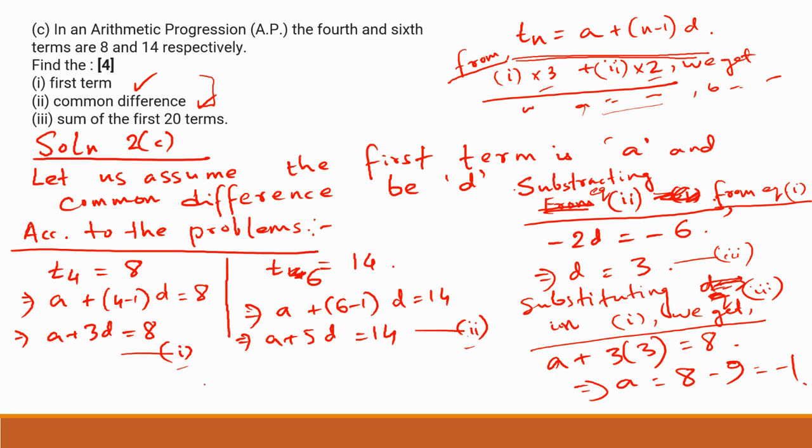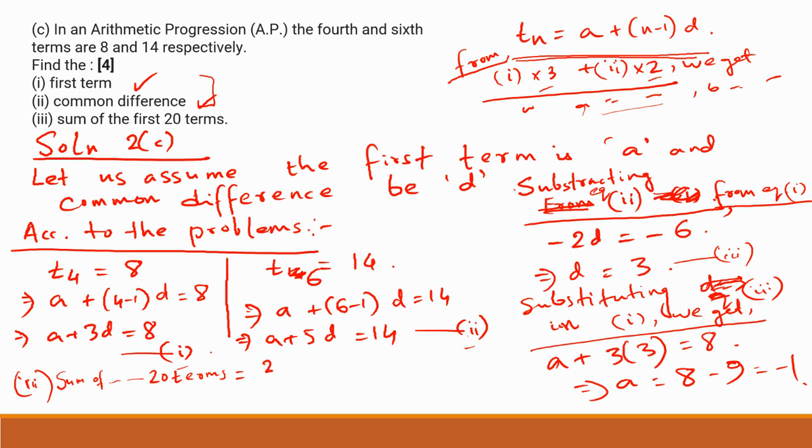Now you have to find, just write it clearly. Answer here: number 1, the first term equals minus 1; number 2, the common difference equals 3; and now we are solving number 3. I just don't want to go to the other page because we have another problem on the next page. So what is the sum of the first 20 terms?